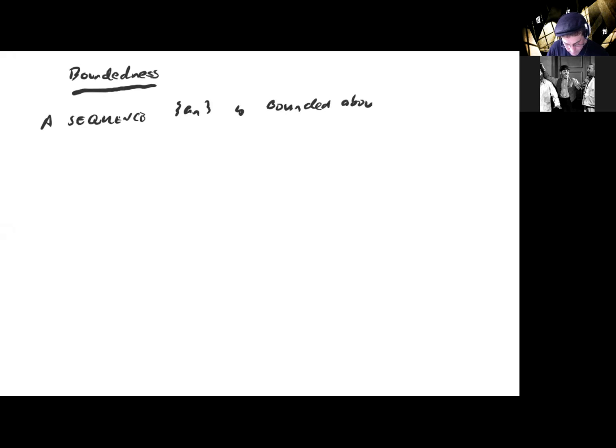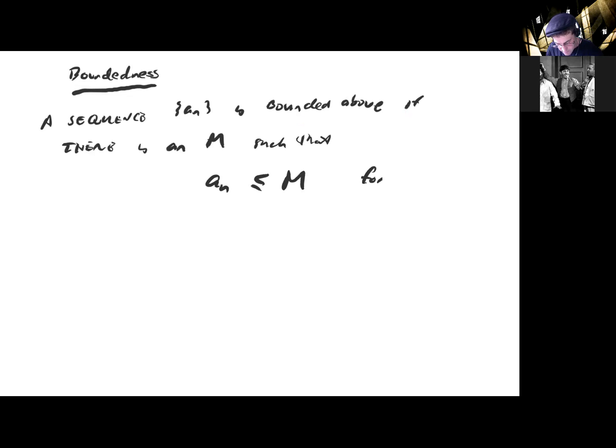Okay, so the next property I want to talk about is boundedness. So, a definition: a sequence a sub n is bounded above if there is a real number M such that all the terms of the sequence are less than or equal to M, for all indices n.